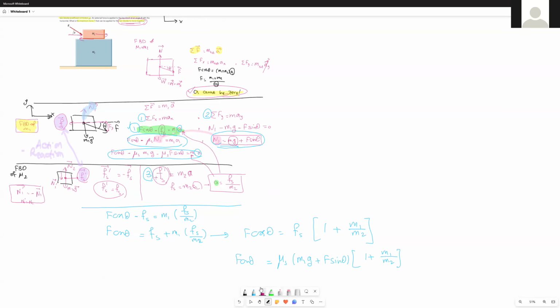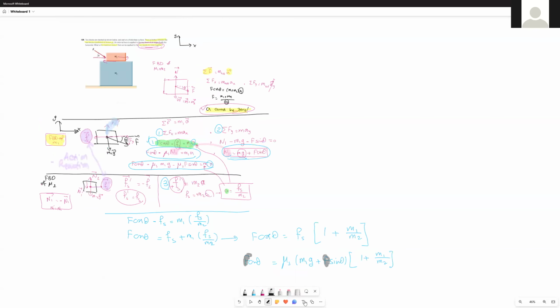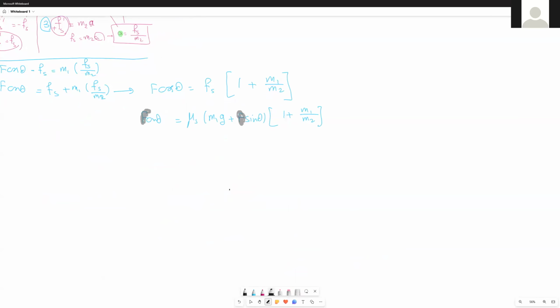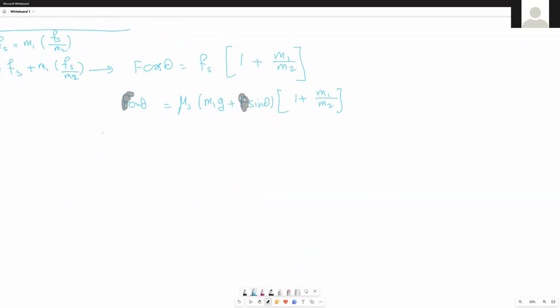Now, I need to rearrange this whole thing in terms of F. There is F here and there is F here. Let's rearrange them. So I would get F cos theta minus, this term comes to the other side, minus F sine theta multiplied by 1 plus m1 divided by m2.